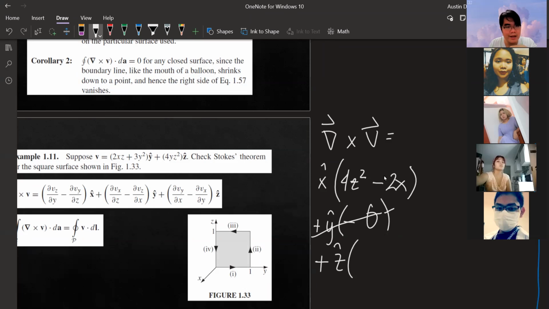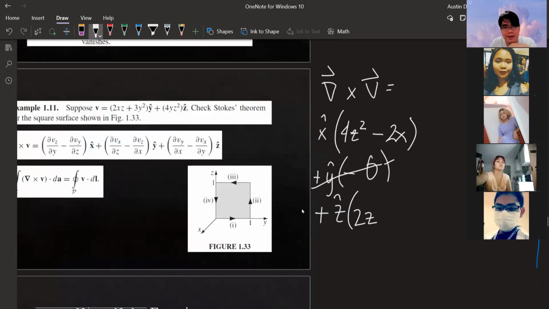Ibig sabihin wala tayong napalagyan sa pangalawang term. So, Vy, ayun, meron na tayong x dito. Okay? So, sa Vy, ang partial derivative niya with respect to x will be just 2z. Tapos, itong last term is just 0 kasi walang vx component.